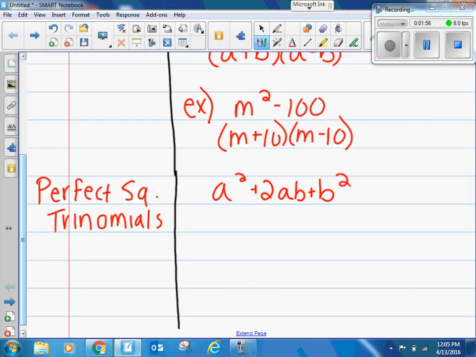This is when they're both positive, and if you factor that, that is going to be a plus b squared. The reason that these are harder to notice is this middle term right here is going to be hard because you're going to have to see that it's 2 times what a is and b is. It's not going to be 2 times this number and this number because those are being squared. So a little bit different.